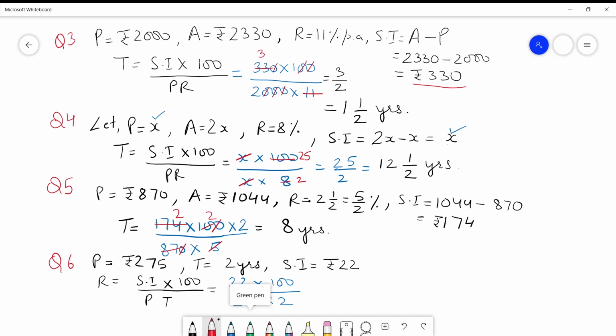Now I'll cut 2 with this 11, 5 2s are 10, 5 11s are 55. Now this 11 can cut this 55, 5 is left, 5 by 20, 4 is left. Now my answer will be 4%.